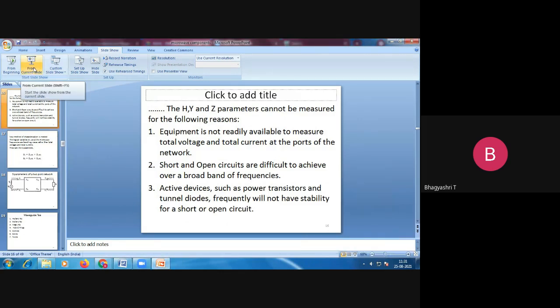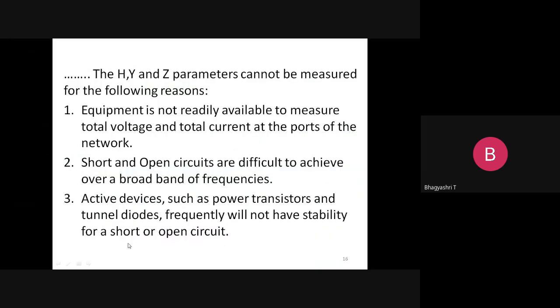Okay, so the second point is that it is very difficult to open and short circuit at microwave, because it is difficult to achieve over a broad band of frequencies. The main problem is the frequency. The third point is active devices.